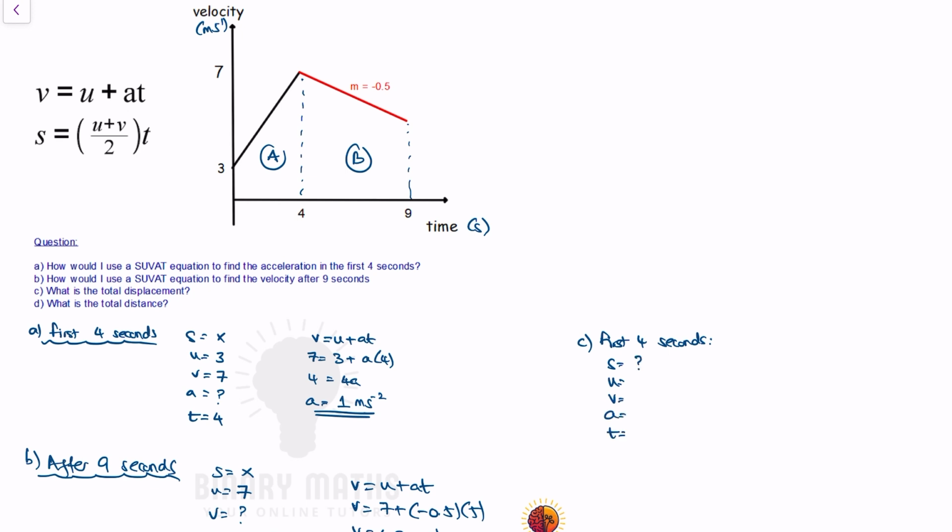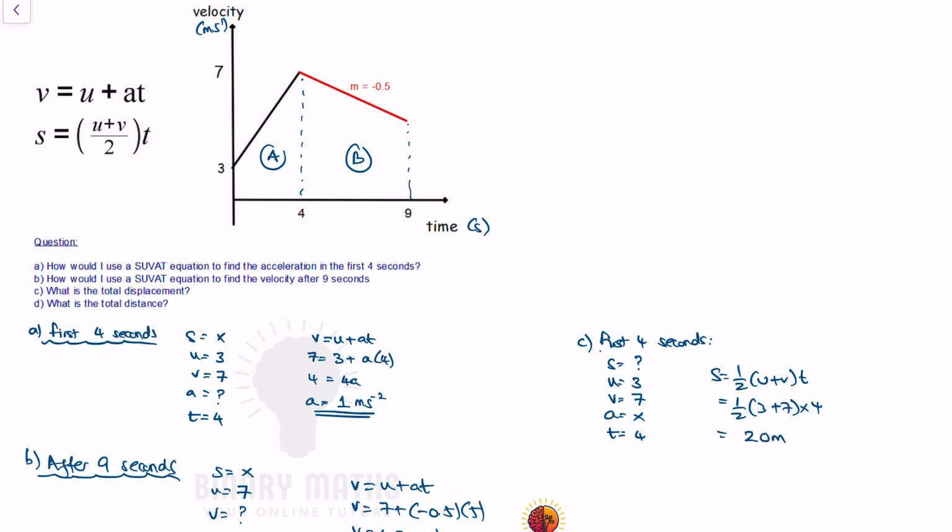So displacement is what we're trying to find. We know the initial speed is 3, the final speed is 7. We don't know the acceleration, we know the time is 4. So s is equal to half of u plus v times t, which means s is equal to half of 3 plus 7 times 4, which is equal to 20 meters.